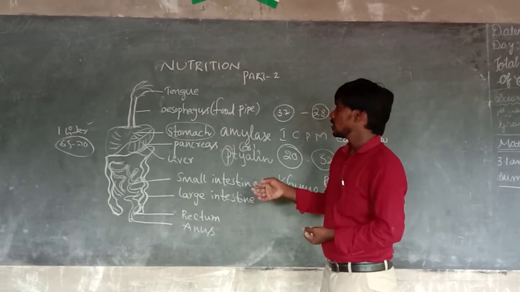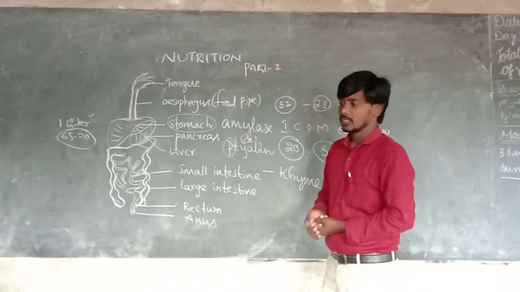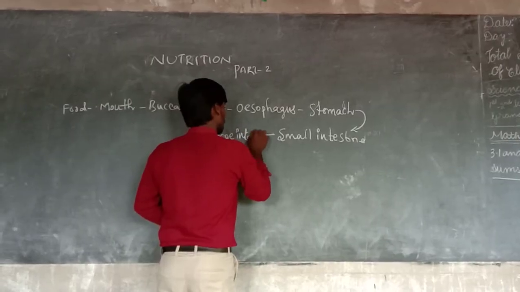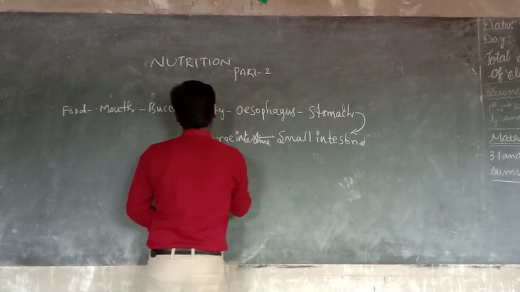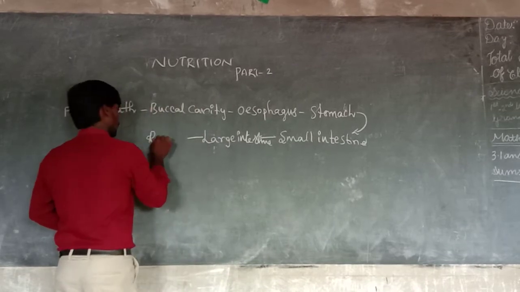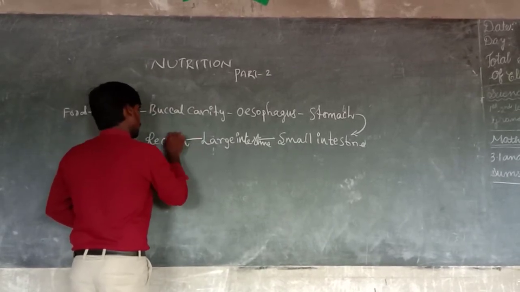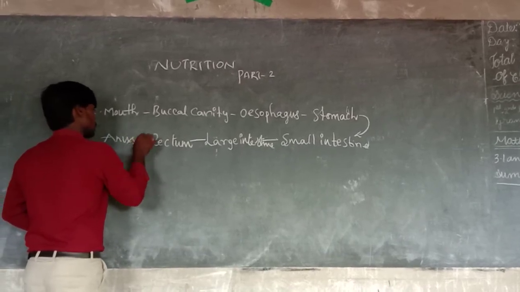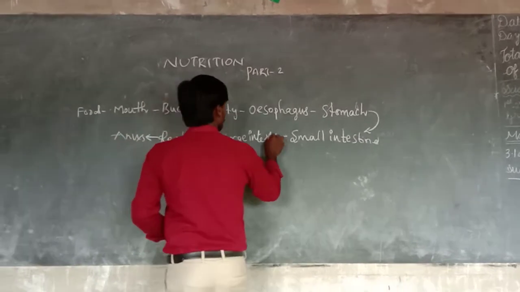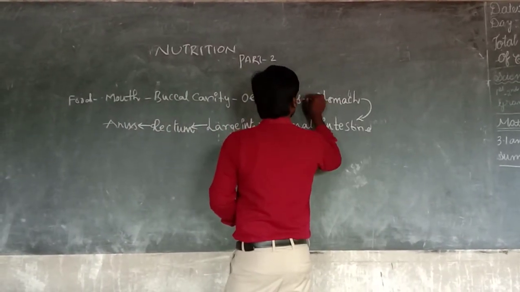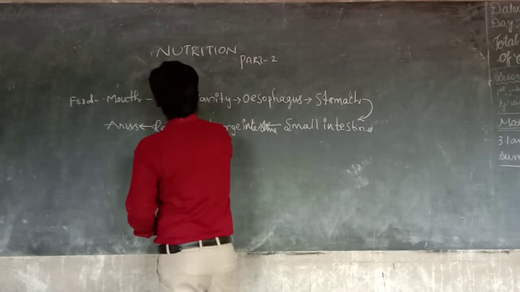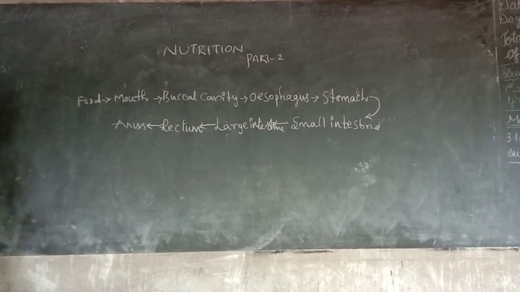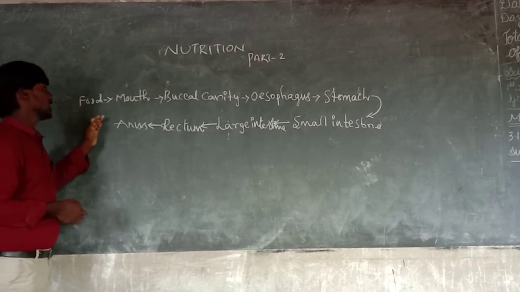Okay, now you see the flow chart of the human digestive system. This is the flowchart of the digestive system in human beings.